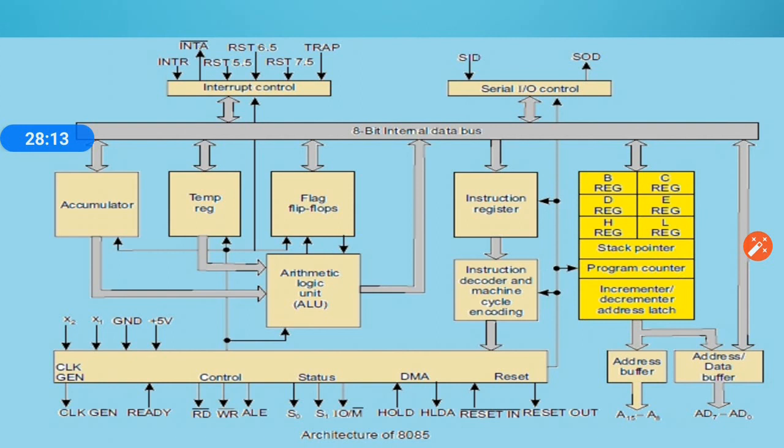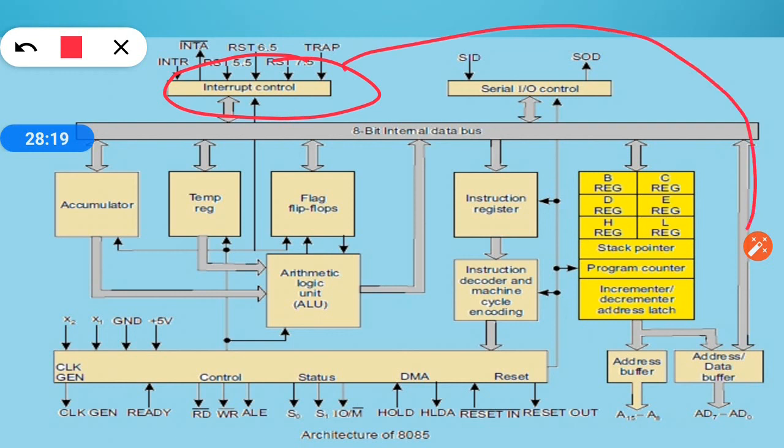Now the remaining block in this diagram is interrupt control. Interrupt control is associated with the stack pointer, but I will not explain it because it will become difficult to remember all the things, and our motto is to clear the basic concepts of the processor.